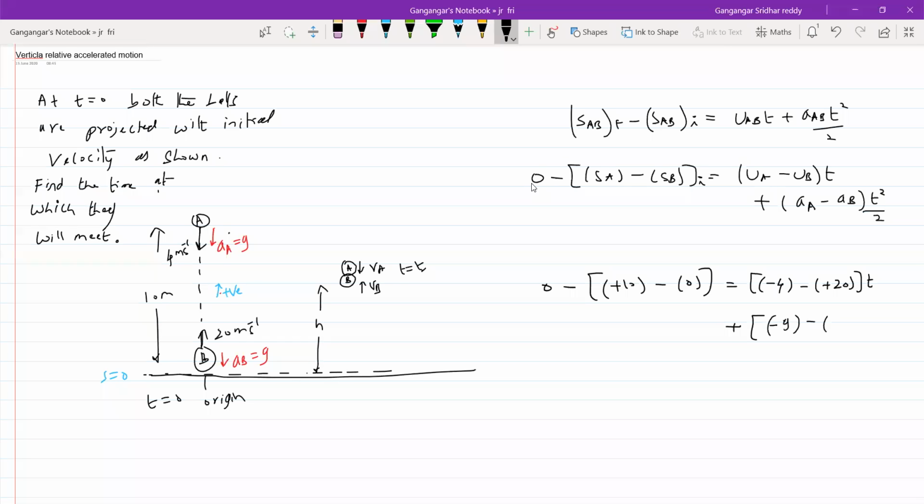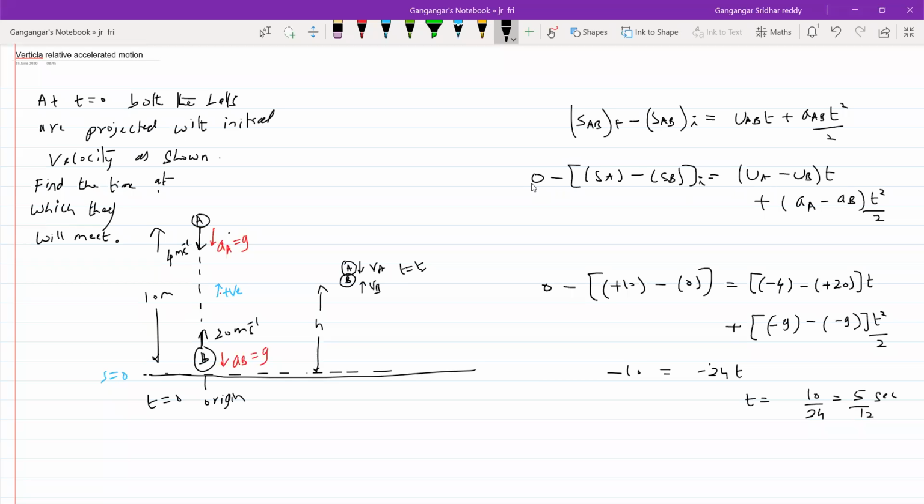Look at the acceleration of B. It's also downward, so you write minus g. See the equation: now this has become minus 10 equals minus 4 minus 20 minus 24 t. So t equals 10 by 24, which is 5 by 12 seconds.